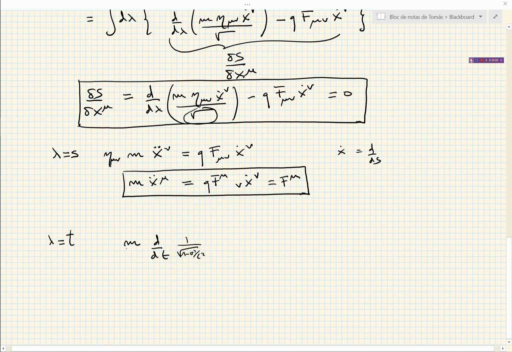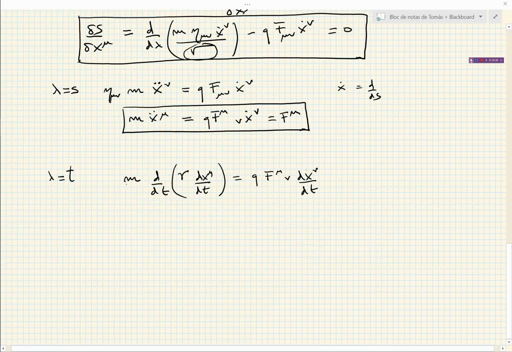We have done this several times, and this is the factor that is usually called gamma, and then the derivative of x mu with respect to t. And on the other side you have f mu nu and the derivative of x nu with respect to t.